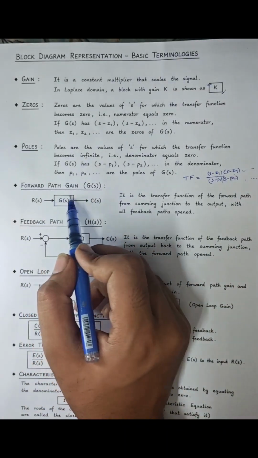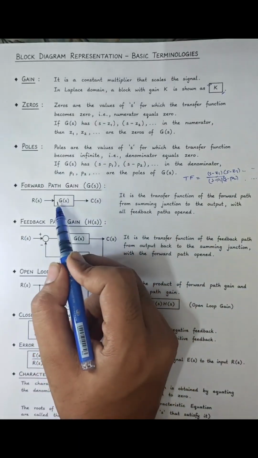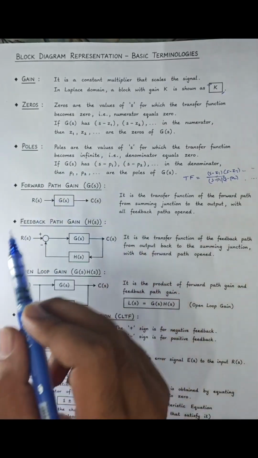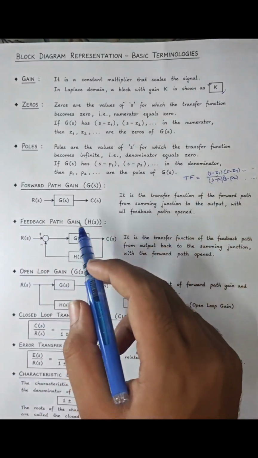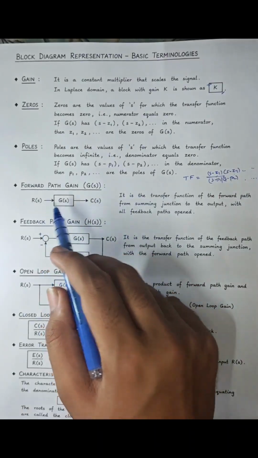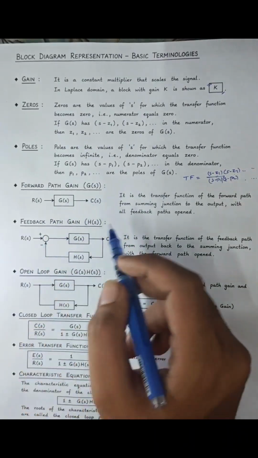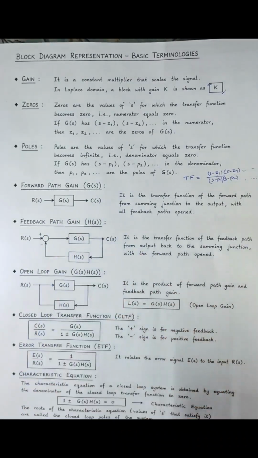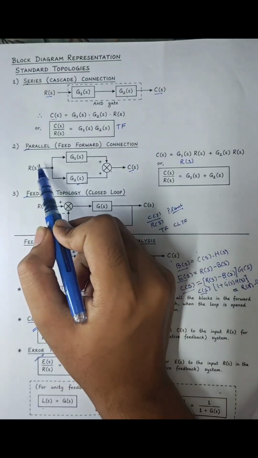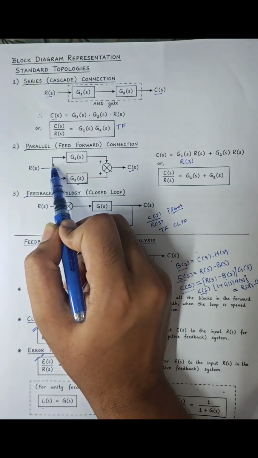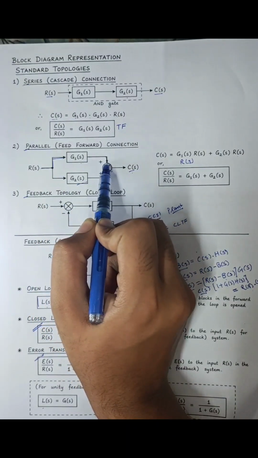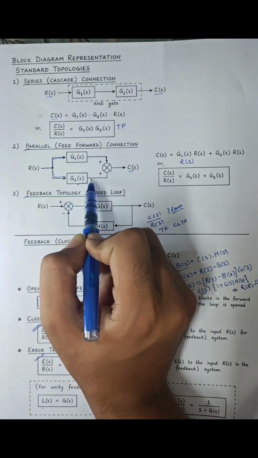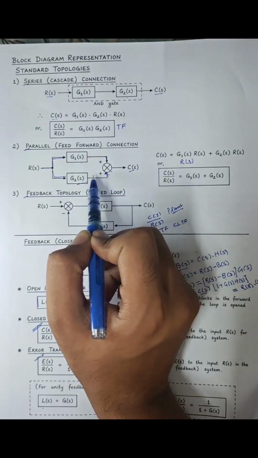Now we move ahead to the forward path gain. What is the forward path gain? It is nothing but G(s) only. It is the path which goes forward from R(s) to C(s). If there are multiple paths forward from R(s) to C(s), the gains can be different as well. Like in the previous example, the forward path gain from here to here is G1 and the forward path gain from here to here is G2.